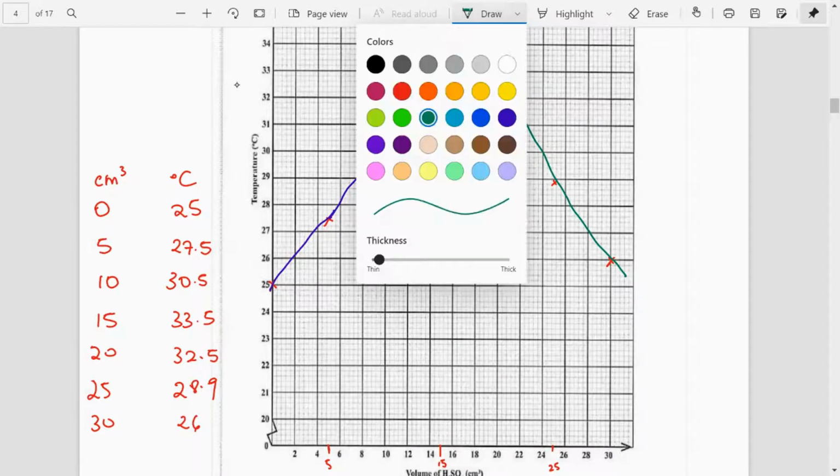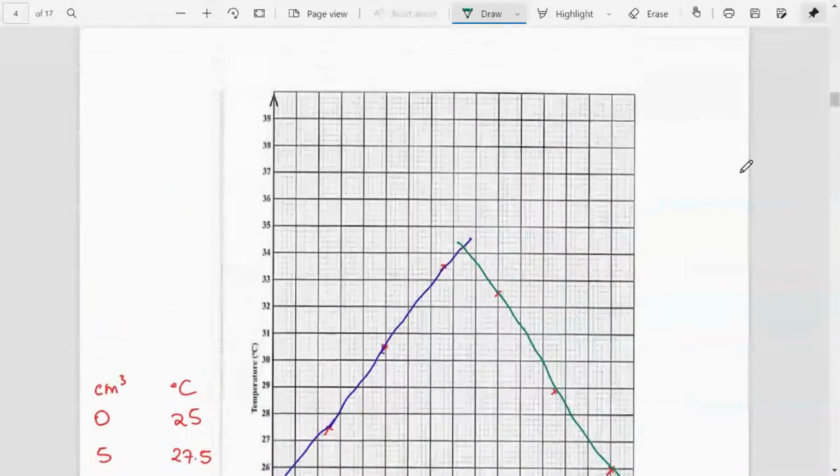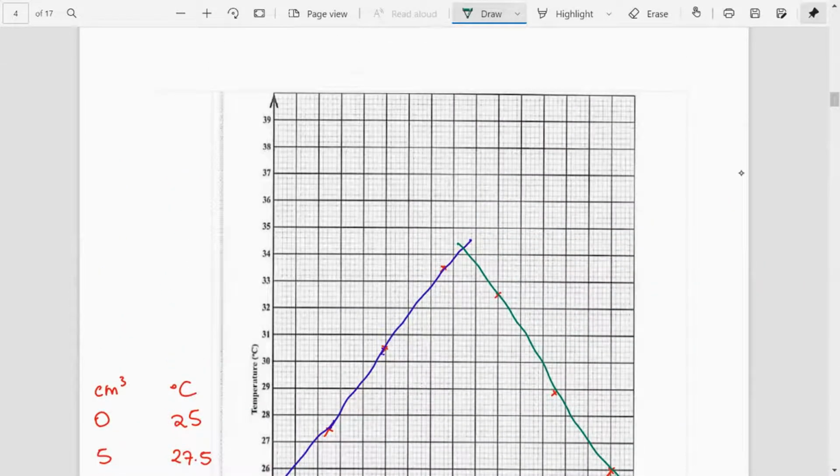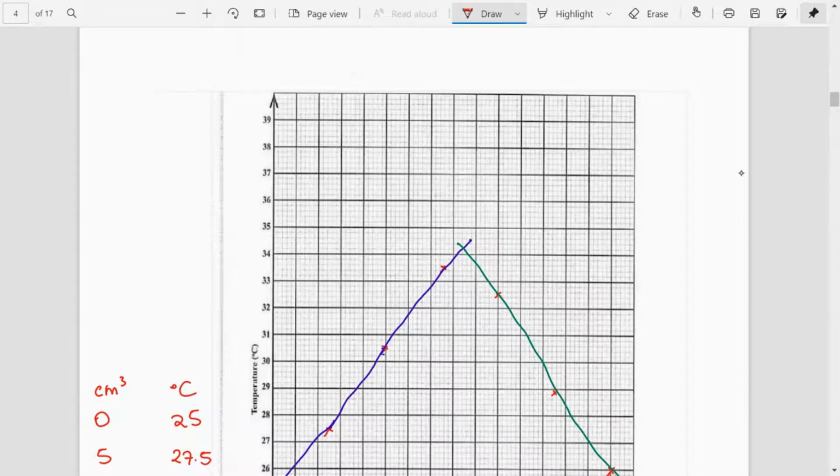All right, so go back to the other questions. So we plotted our graphs. Of course, you'll have your title. Do we have a title on this one? Did they put a title first? No, they did not. Let's see.